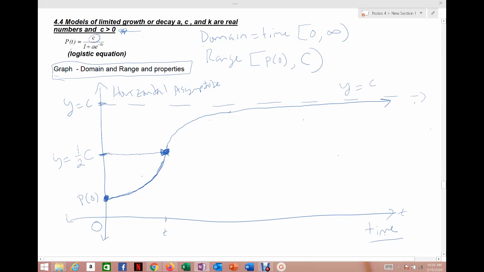That c value is what we call the maximum capacity. That horizontal asymptote, y equals c, is what we call the maximum capacity of the population, or the quantity.